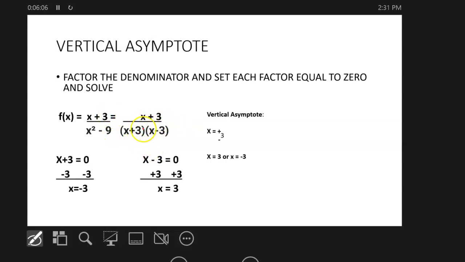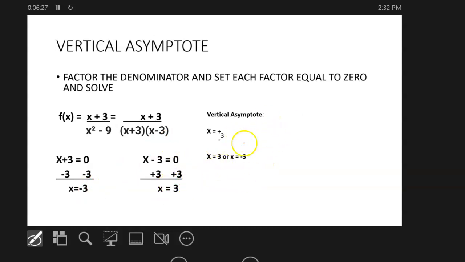And to get the vertical asymptotes, I set each of those equal to 0 and solve. So this particular problem has two vertical asymptotes. There is an asymptote at x equals negative 3, and there is an asymptote at x equals positive 3.